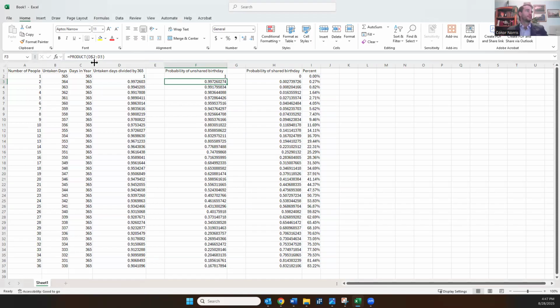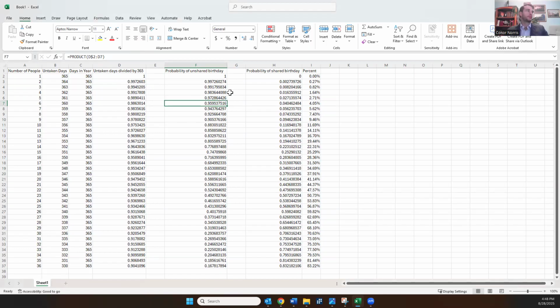So I use a product function so you can see here as we go down, for the third person, we have the untaken days for the first person, the second person, and the third person, and going down, so on and so forth, including all of the previous people. You see this one falls more rapidly because we have several numbers here we're multiplying that are below one.